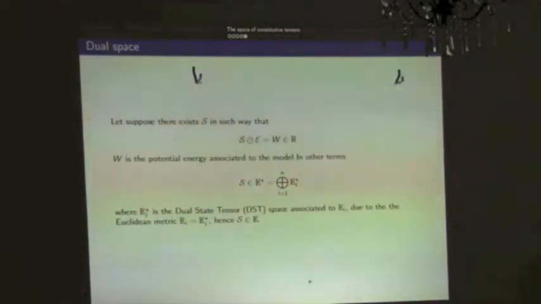Okay, and from this local description, in a kind of generalized kinematic approach, I want to associate an energy. So I will try to construct some dual state tensor, which is a linear form over my space of description, and that will return to me a scalar called W, that is in fact my energy.